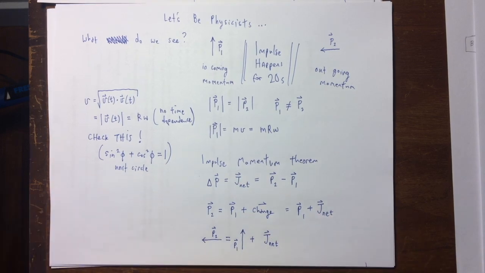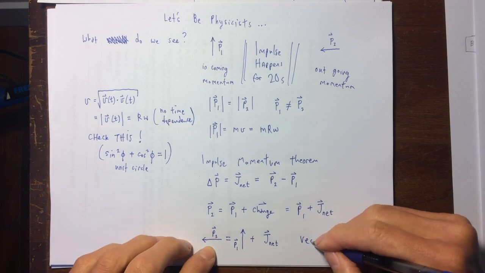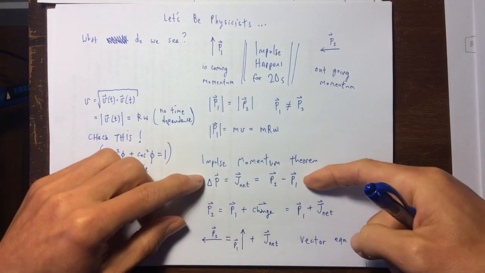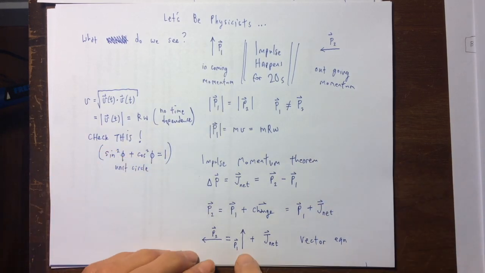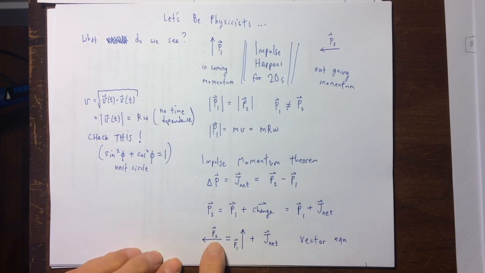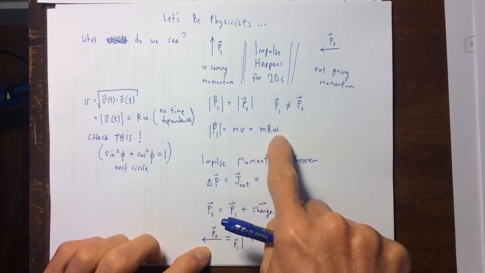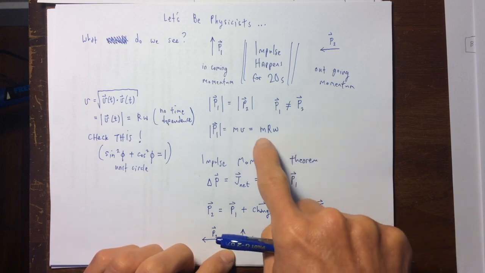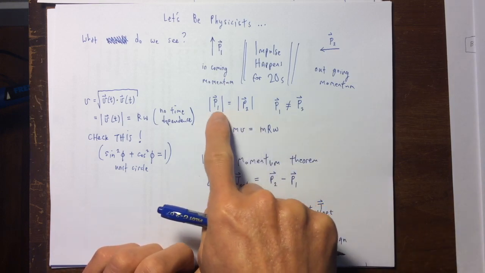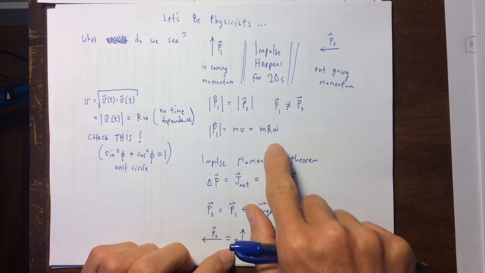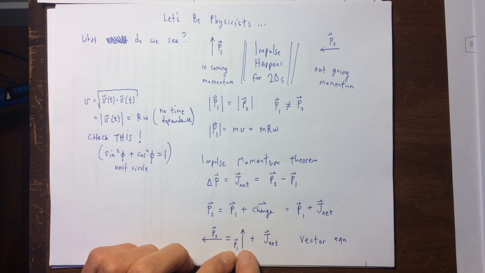All right. So let's look at this. This is a vector equation. It was a vector equation here and here as well, honestly, but this is where it's explicitly a couple of arrows. The arrow P2 points purely leftward and has this magnitude. The vector P1 has the same magnitude, right, because the momentum magnitude doesn't change in this uniform circular motion. It's got the same magnitude, but it points upwards instead.